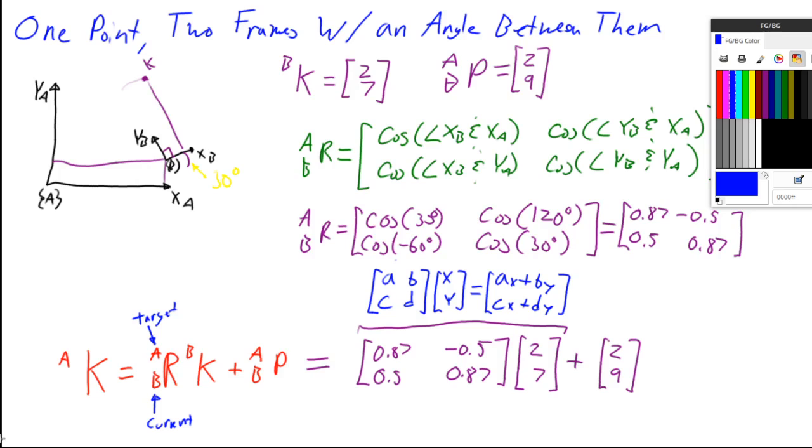So let me get out my calculator here. Sorry, I should have had that all ready to go. All right. So our A is 0.87 times 2, plus, and we've got B, so negative, so I'll do minus 0.5 times 7.